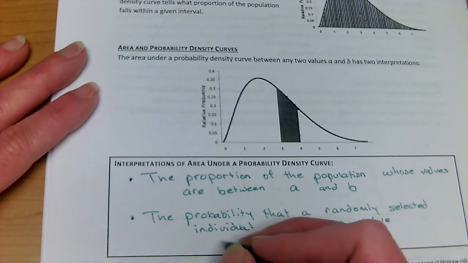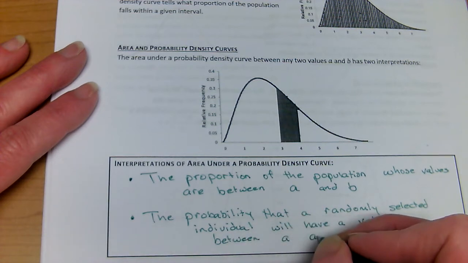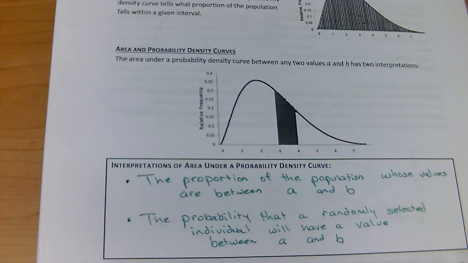So have a value between A and B. So we need to think about it in both of those ways, that it's the proportion of the population, that percentage, but that also means that's the probability. So that's pretty cool.